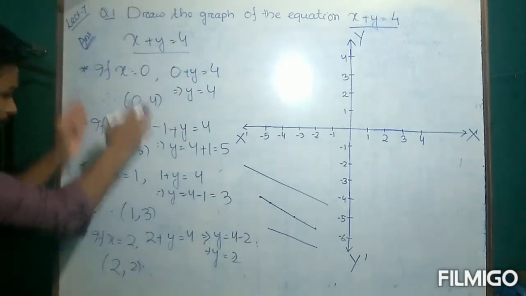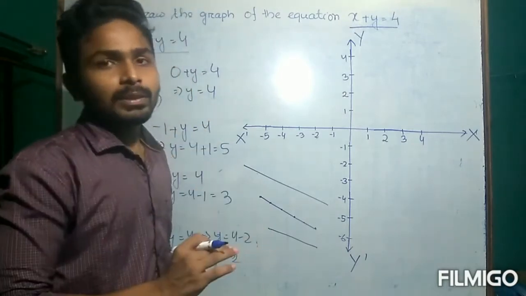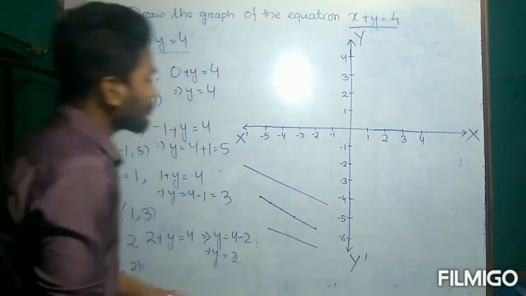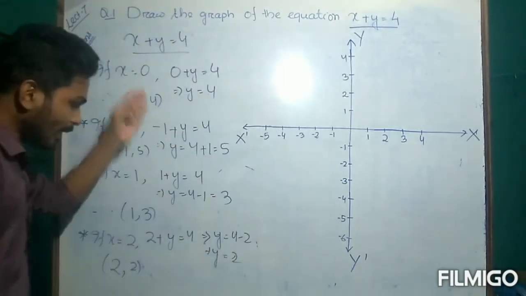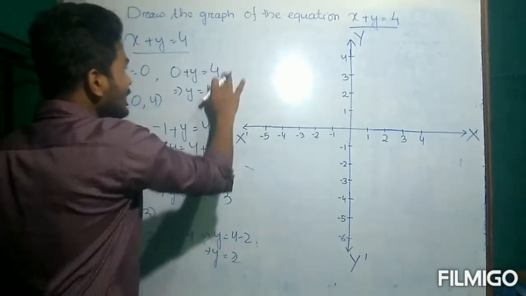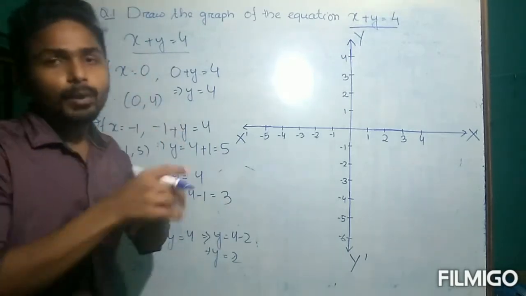If you want, you can find more than 2 solutions, but you have to find at least 2. Here we found 4 solutions. Now the next step is to write all those solutions in tabular form.